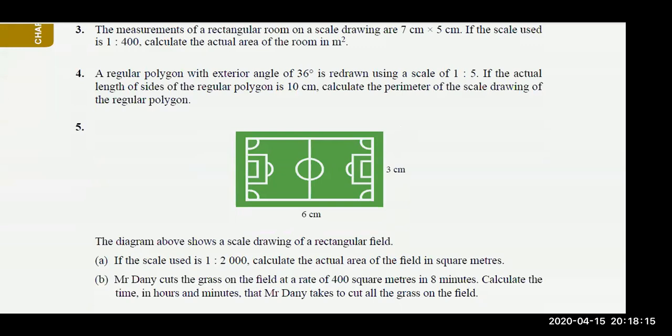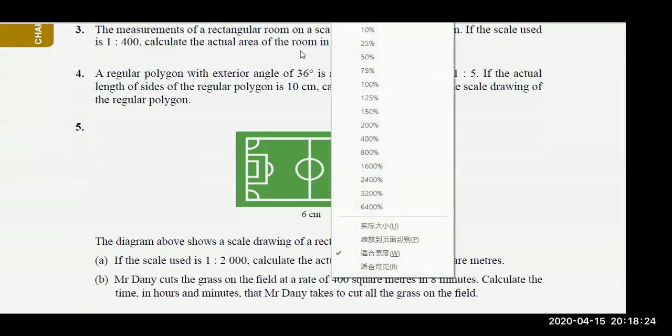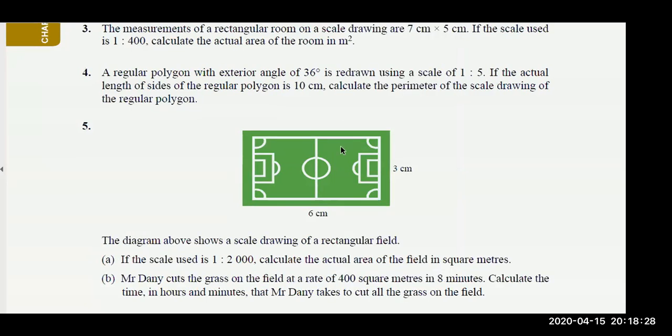So question 4 is a regular polygon with exterior angle 36 degrees, right? You see, 36 degrees. This one is the exterior angle.